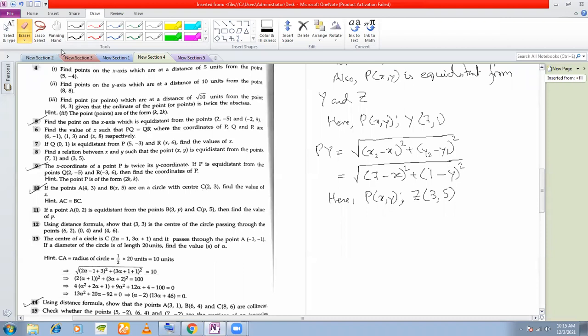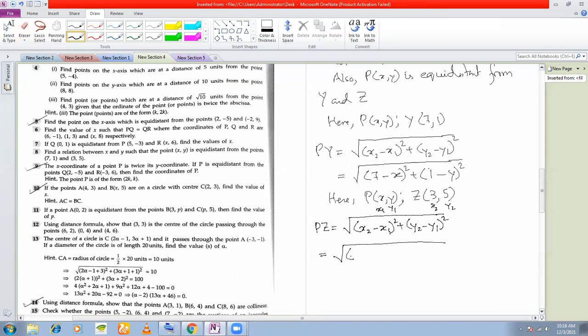Fine. Now we will find out Pz. Again, distance formula. Take this as your x1, y1, x2, y2.